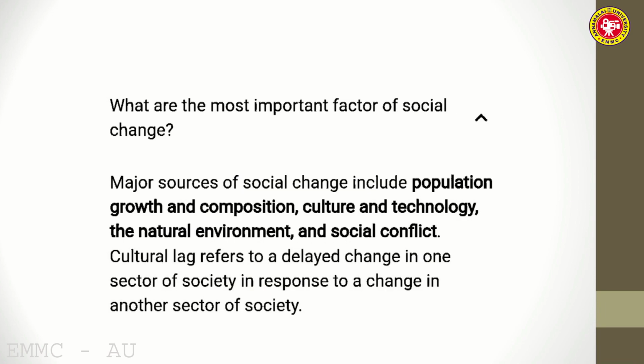What are the important factors of social change? The major factors of social change include population growth and competition, culture and technology, the natural environment and social conflict. Cultural lag refers to a delayed change in one sector of society in response to a change in another sector of society.